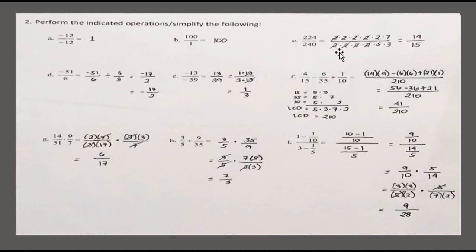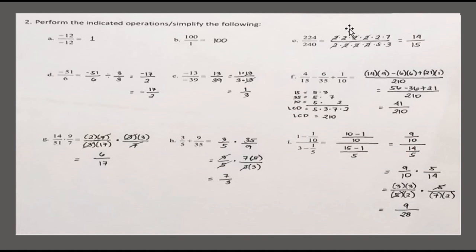So, one way to simplify this fraction is by the prime factorization. So, 224 can be 2 times 2 times 2 times 2 times 2 times 7. And 240 can be 2 times 2 times 2 times 2 times 5 times 3.